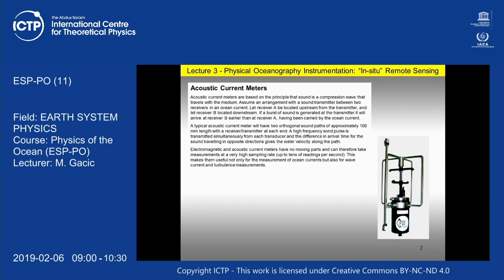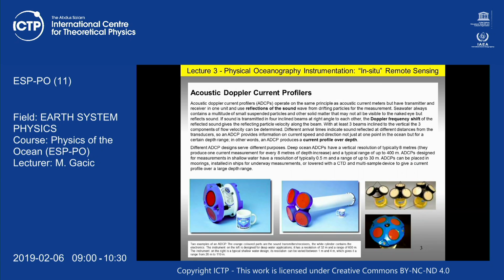Then we have the acoustic Doppler current profiler, which, as you can see, operates on the same principle as acoustic current meters, but has transmitter and receiver in one unit and uses the reflection of the sound wave from drifting particles. This is very important.